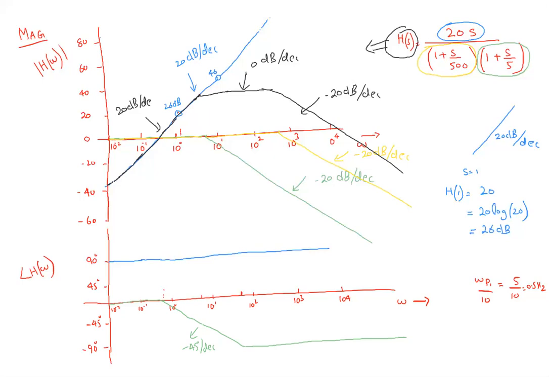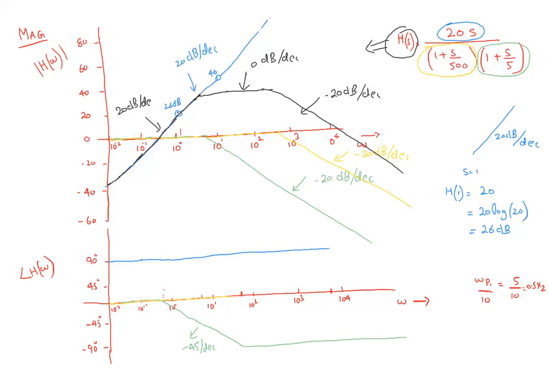Now let's do the plot of 1 plus s by 500. So what will happen? Again, let's mark the point 50 again, because until omega p by 10, it will remain as 0. And till where? Till 5,000, 10 times of this. This is 1,000 and this is 5,000 will be somehow, I guess, here. Yep. So we have a yellow line which will be 0 degree until we reach 50.